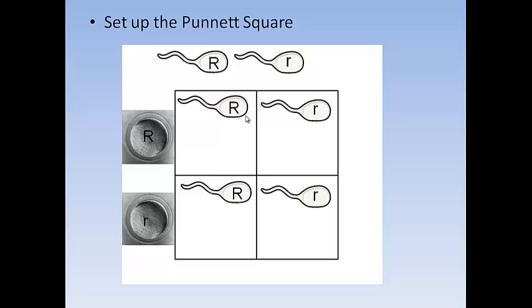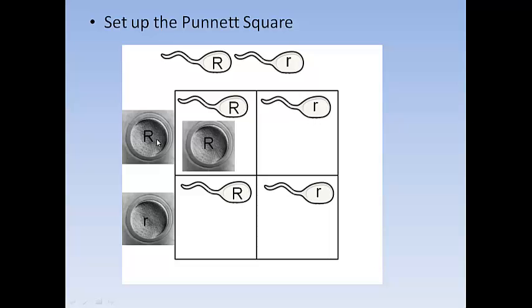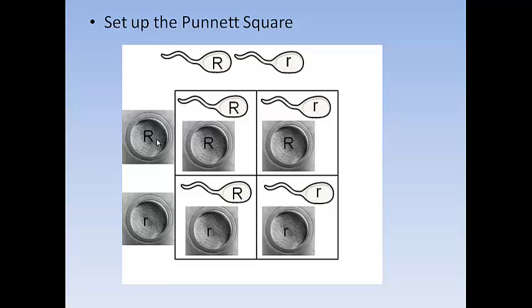Then we can bring our egg across with the dominant version of the gene and put one in each one of those squares. And then we can take our egg with the recessive version of the gene and put one in each one of the squares. Now we've put sperm and egg in every possible combination in the Punnett square.